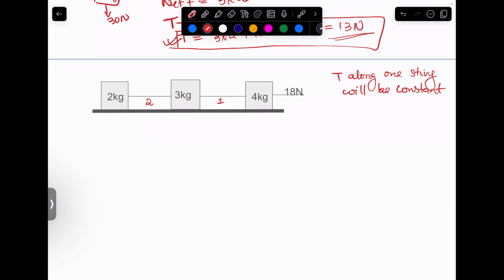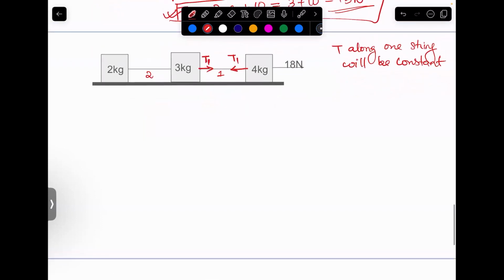If you consider this string to have tension T1, then the whole string will have the tension T1, and the force is getting transmitted to block 3 kg. So here also it will be T1. And string 2 will be getting pulled with a tension T2.